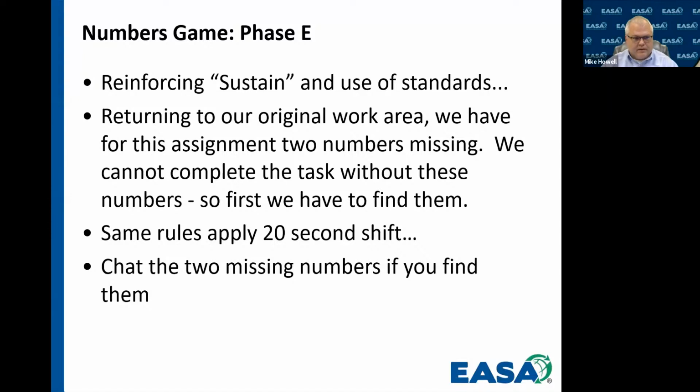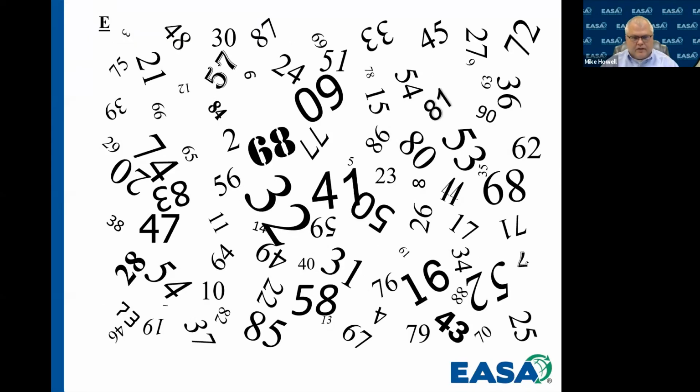It's a rush overtime, and we're back to the look of our original work area. The person comes out, they get their pick list or bill of materials, and they know these 2 parts they need to find, and here's where they have to find them. So during the next 20 seconds, again, numbers from 1 to 49, 2 of those numbers are missing. So let's see who can find one or both of those numbers.